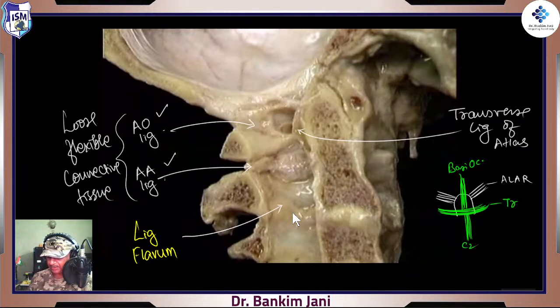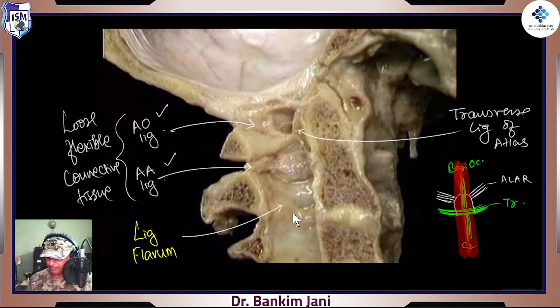This was the transverse, so it is lying on top of that. And then this entire thing was covered with the posterior longitudinal ligament, right? So this entire thing was covered. It was covered like this, right?